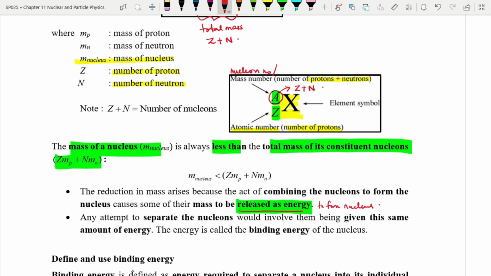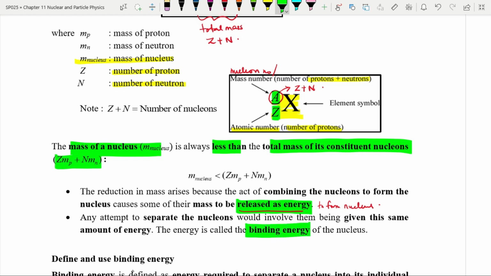Okay, so this amount of energy, let's say kita nak break the bond between the proton and neutron, kita nak separate the nucleus. Kita akan perlukan this amount of energy untuk kita break the bond. Kita perlukan the same amount of energy untuk kita form dan untuk kita break the bond. So, this is actually the binding energy.